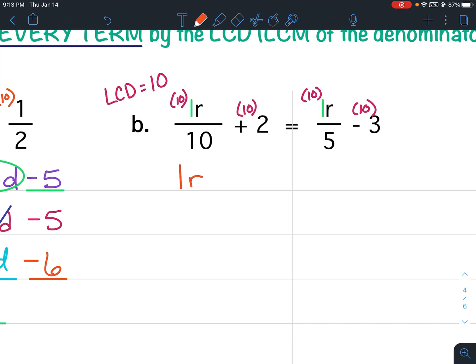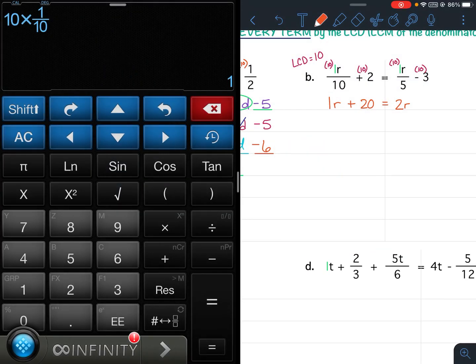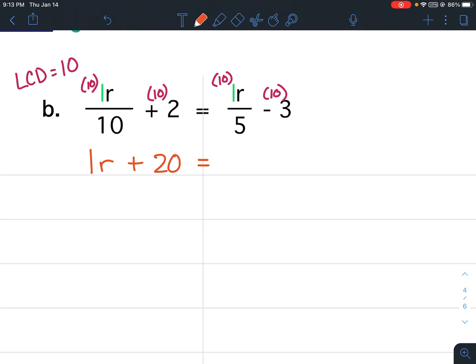And then 10 times 2 would give me positive 20. 10 times 1/5. Well, 10 divided by 5 is 2, and 2 times 1 would be 2R. Now, I can do that in my head. I understand that you might not be able to do that. And if you can't, then please feel free to take 10 times 1/5 in your calculator, and you get 2. So this would be 2R. 10 times -3 would be -30.